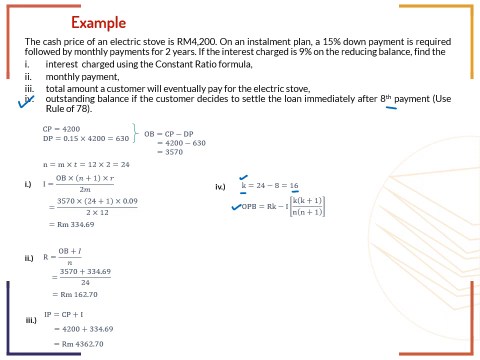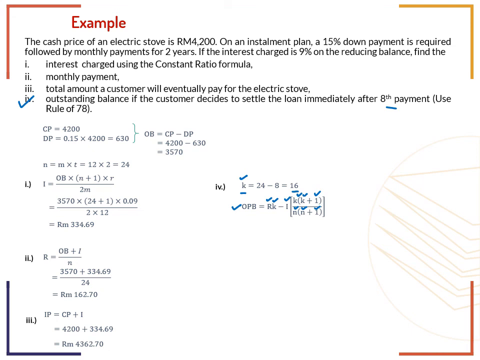So from the formula, outstanding principal balance equals monthly payment multiply number of payments yet to be settled, minus total interest multiply K times K plus 1 divided by N times N plus 1.